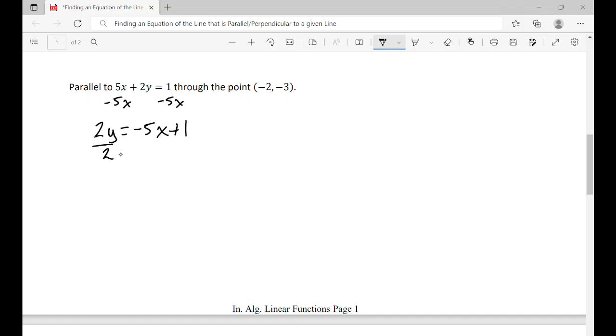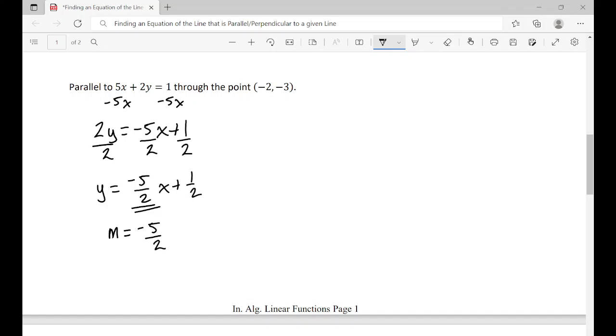And then we're going to get y by itself, divide everything by 2. So y equals -5/2 x plus 1/2. And here is our slope, m equals -5/2.